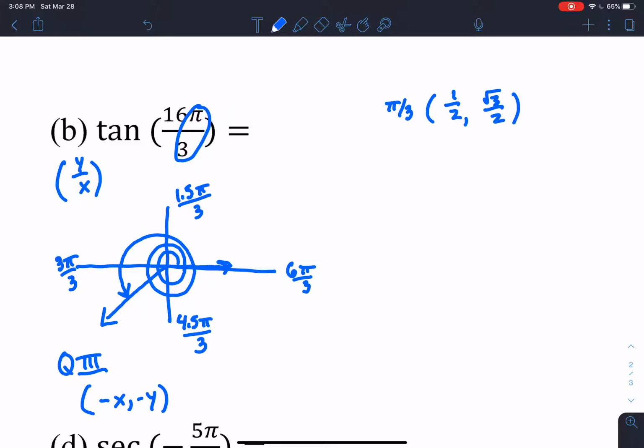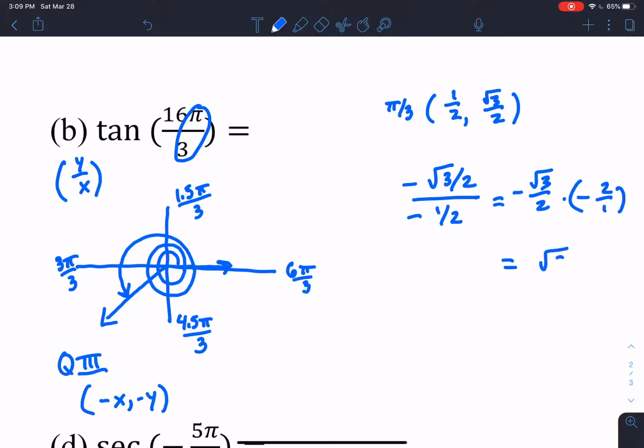So when I do the y term, it's negative root 3 over 2 over negative x term. All right, and then when you divide the fractions out, you get positive root 3.